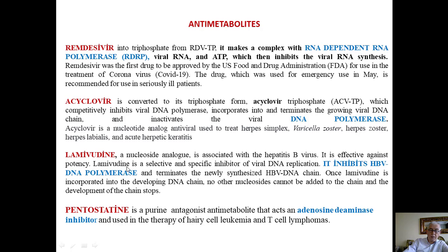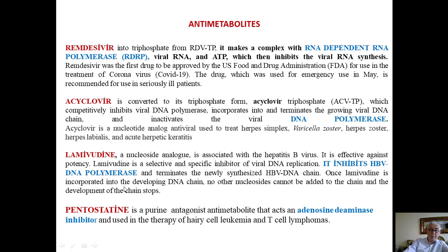Lamivudine is a pyrimidine analog associated with hepatitis B virus. It is a selective and specific inhibitor of viral DNA replication. It inhibits HBV DNA polymerase, terminates DNA synthesis and chain growth.